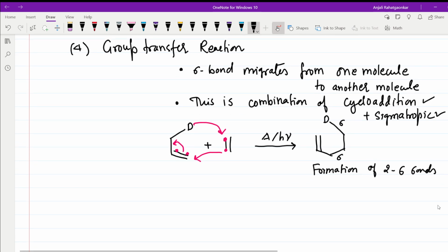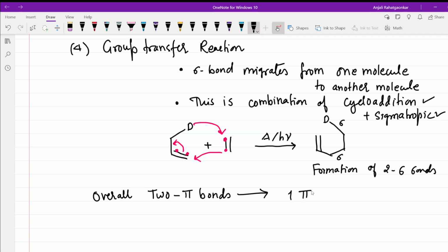So overall reaction shows how many pi bonds are exhausted. Here there are 2 pi bonds, here is 1 pi bond, and here is another pi bond. So 2 pi bonds in the reactants. In the product there will be only 1 pi bond, but there will be 2 new sigma bonds observed.